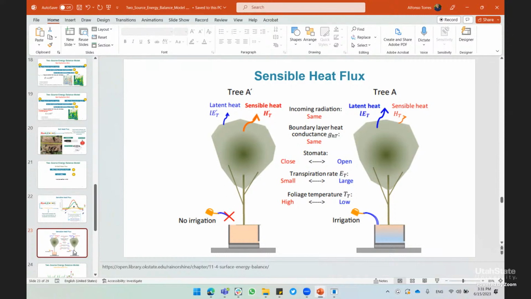When we have a very unstressed crop, the stomata of the leaves open and it transpires openly, and that's when the latent heat flux starts to go up. But when it's stressed, or we have a heat incident, a very large incident of radiation during the day, transpiration decays, but sensible heat also rises up.